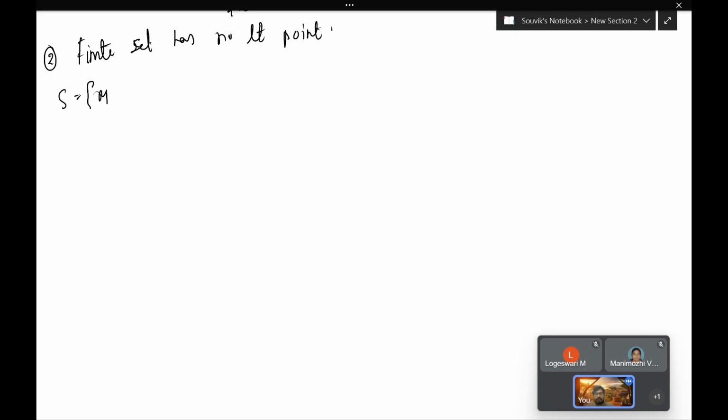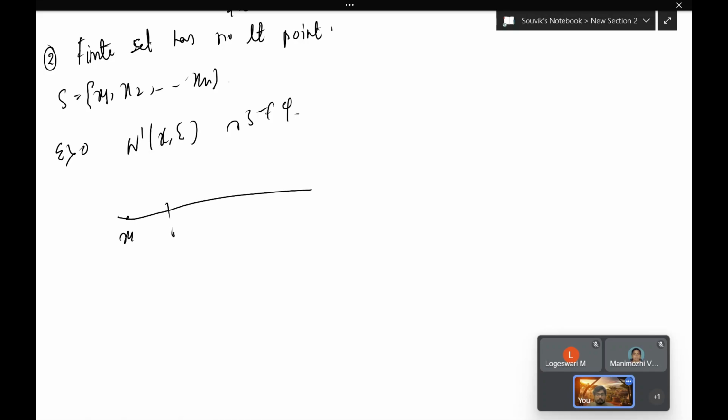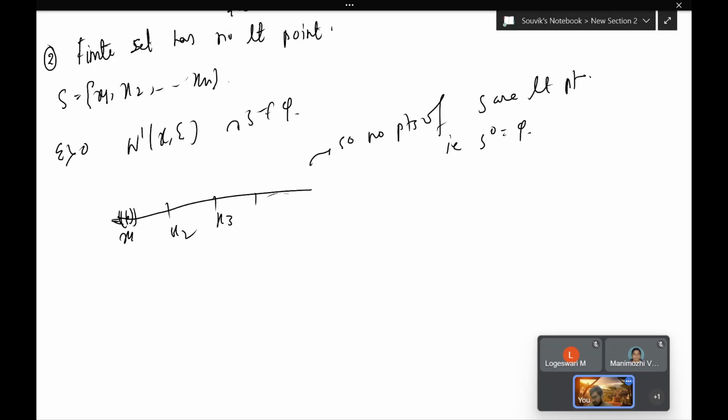Suppose S is a finite set x1, x2, and so on. Limit point means what? For any epsilon greater than 0, the punctured neighborhood of x with radius epsilon intersection A should be non-empty. That's the limit point. So if we consider the point x1, and x2, x3, and so on, and choose a very small neighborhood around x1, then this neighborhood intersect S contains only a single point. So no points of S are limit points. That is, zero limit points.